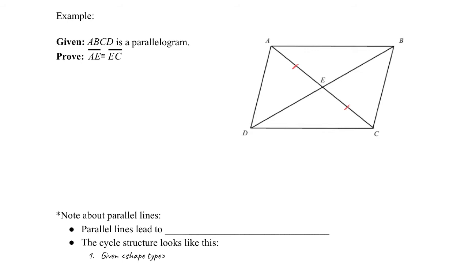This one is given in the form of an entire proof, but it's really just one proof. So let's take a look here. Step one, we're given that ABCD is a parallelogram.